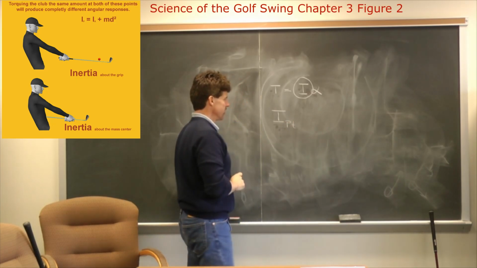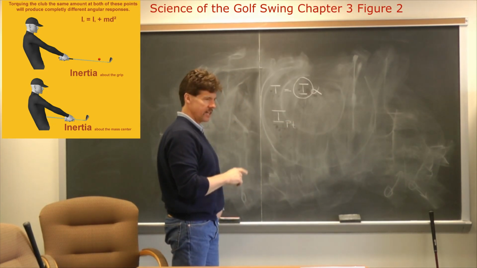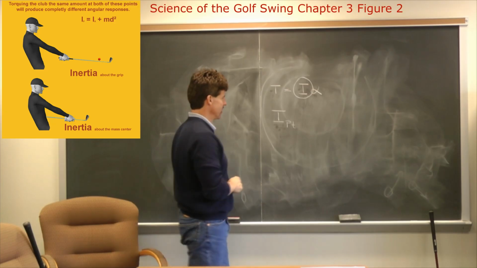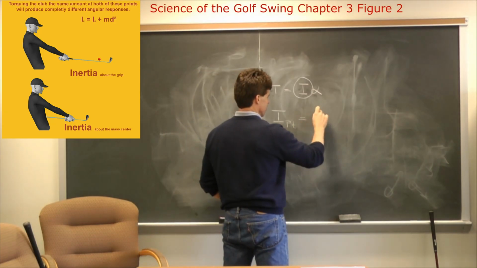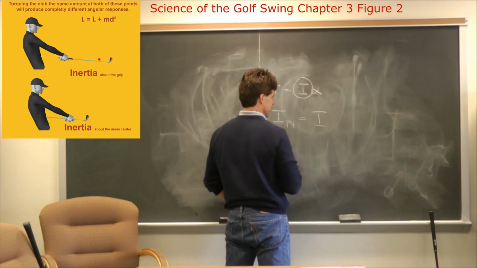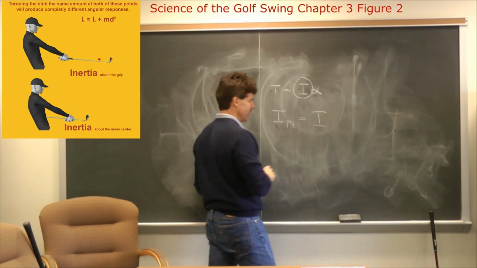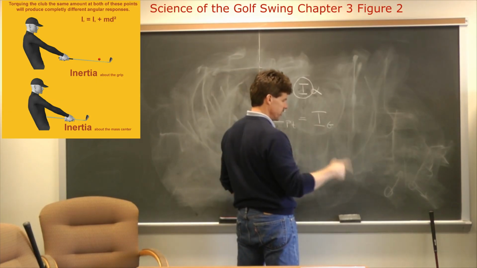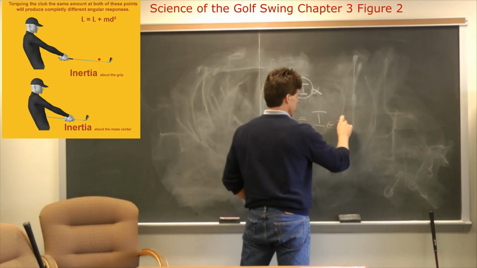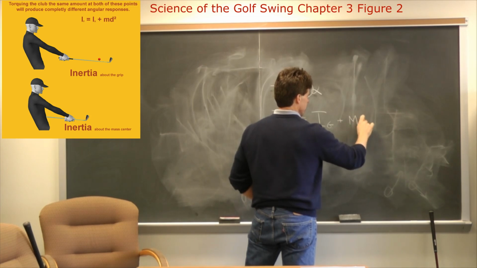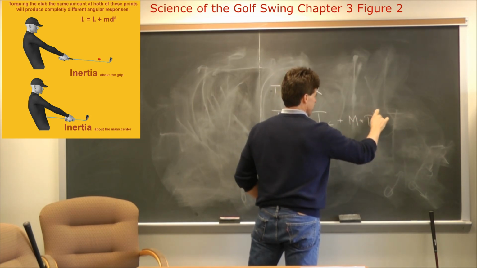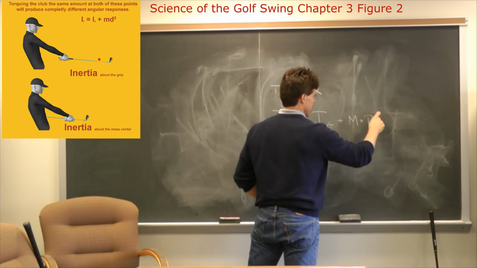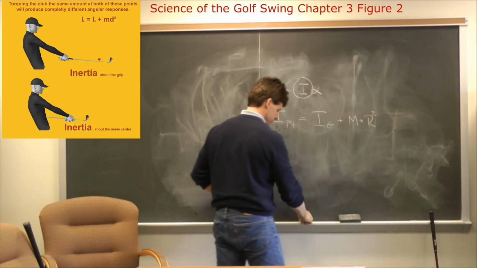It depends upon the point that you're rotating the club about, which is not the hands. Sometimes it is, sometimes it's not, right? So it equals the inertia about the mass center, and I'll show you these things relative to the club in a minute, plus the mass of the club times this radius squared, that distance squared.